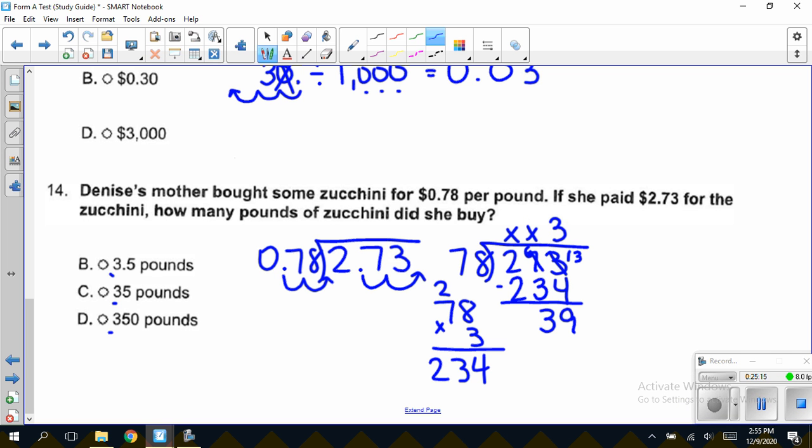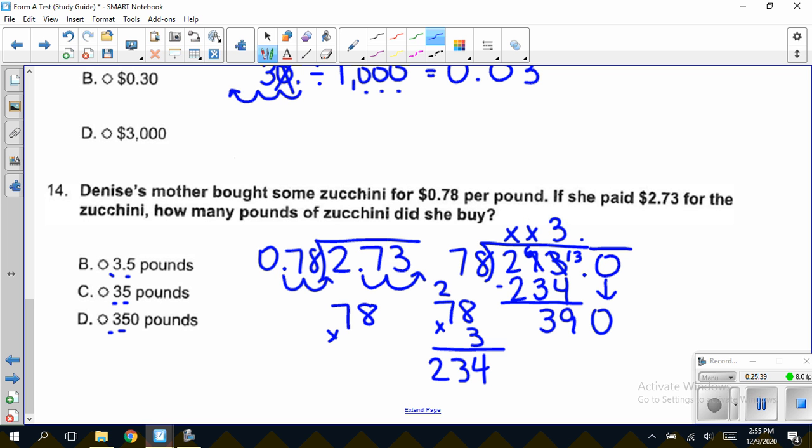So what I have to do is add a decimal, bring that decimal straight up, and then add a 0 so that way I can continue my division problem. I am going to drop that 0 down now. And again, by looking at my answer choices, I know now that I'm going to try to use 5 times to see if 78 goes into 390 5 times.